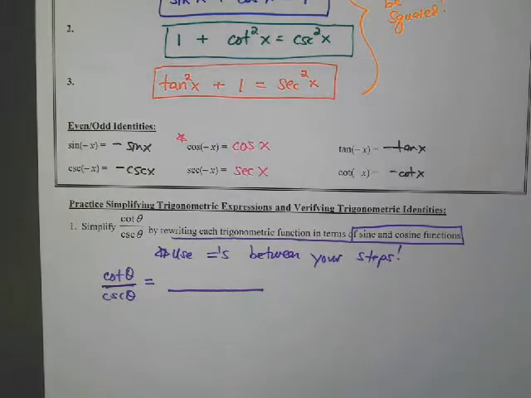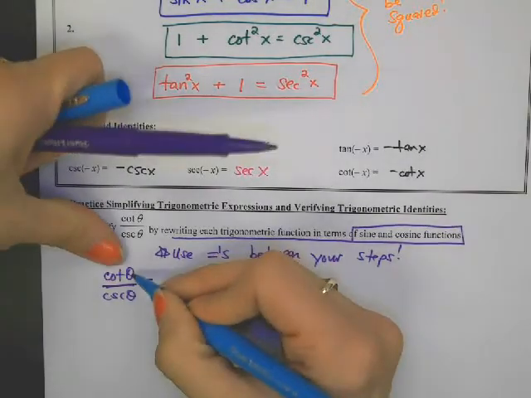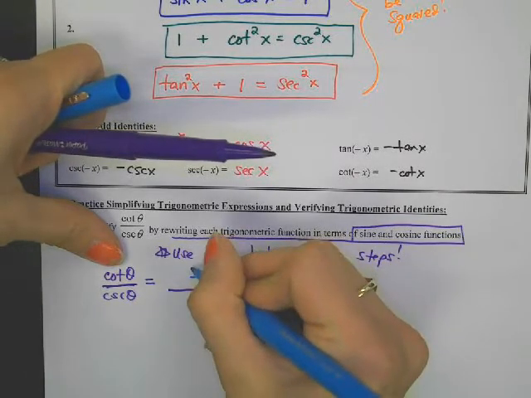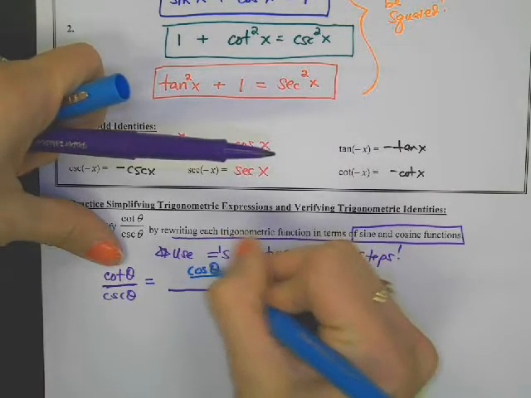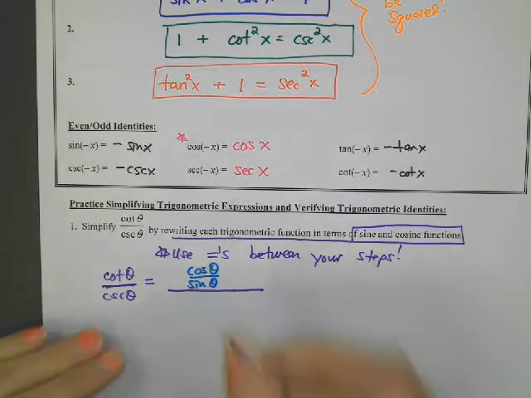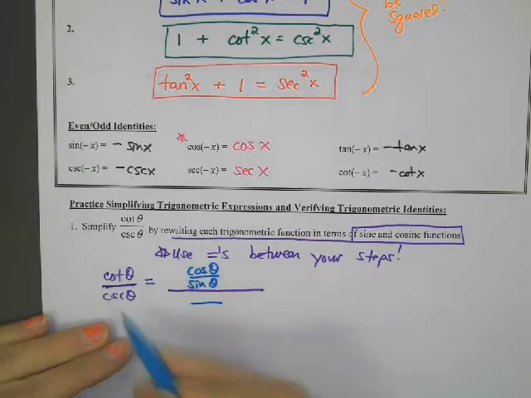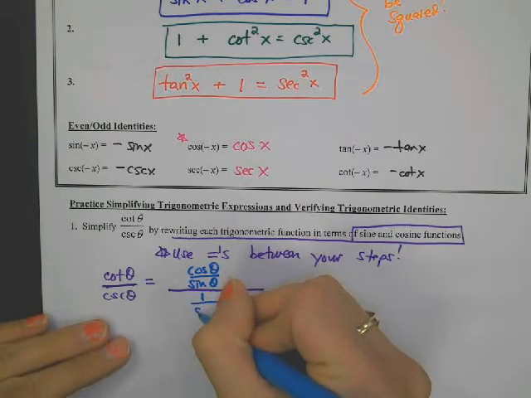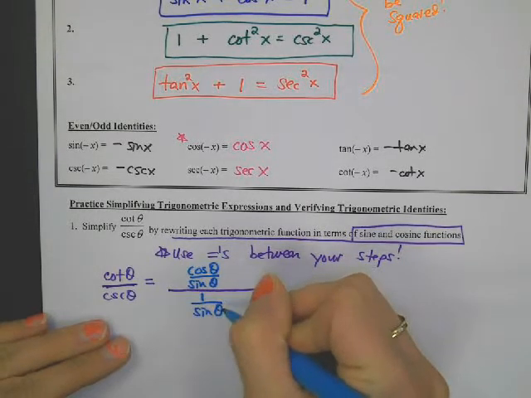We're going to replace cotangent of theta with something else. Cotangent is cosine theta over sine of theta. How about cosecant? I can replace it, but I have to write it in terms of sines and cosines. That's 1 over sine of theta.